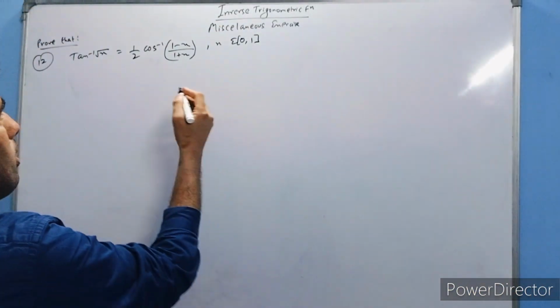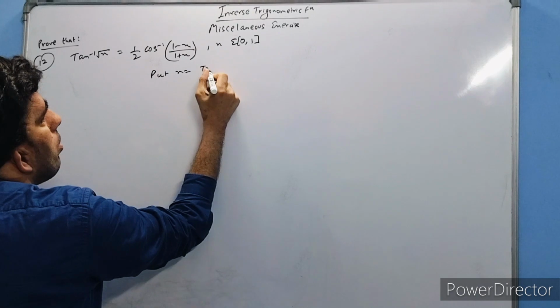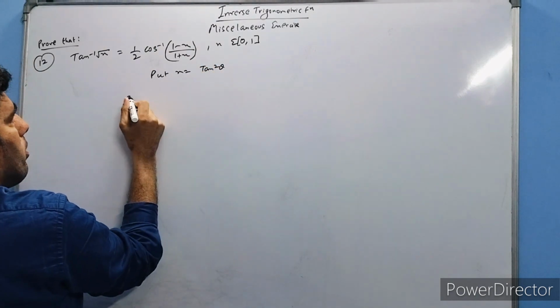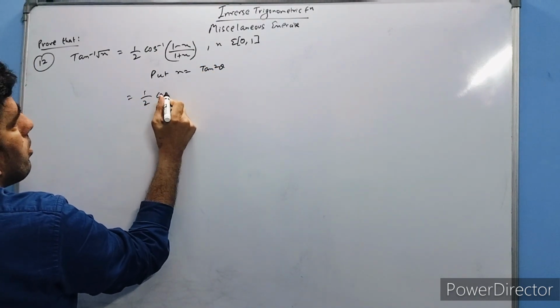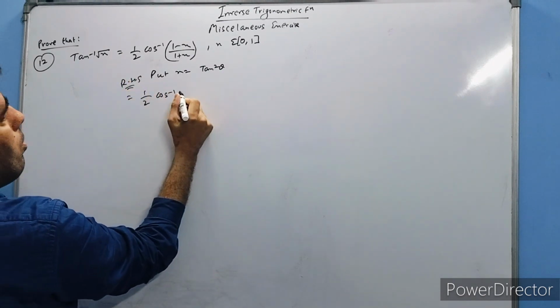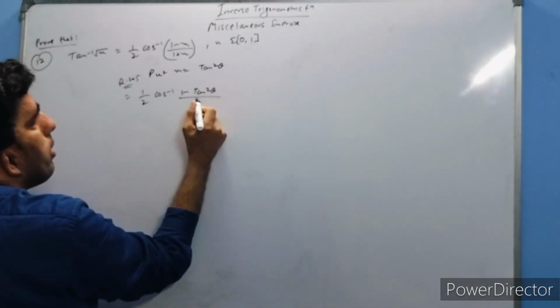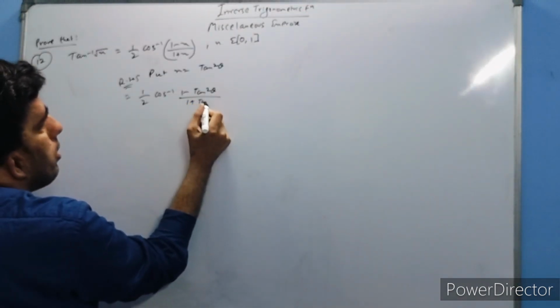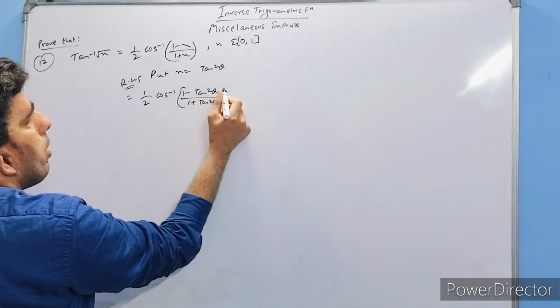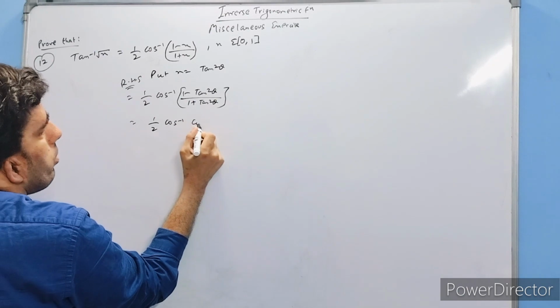Try to put x is equal to tan square theta. So we have half cos inverse, we will take the RHS first. So 1 minus tan square theta upon 1 plus tan square theta. So I have this, that is cos 2 theta.